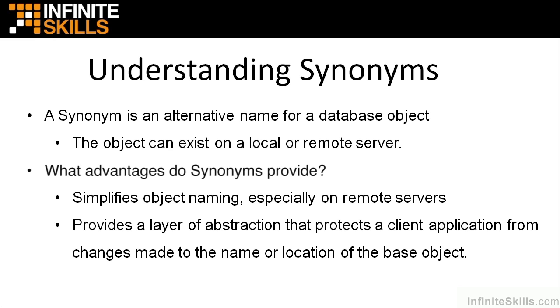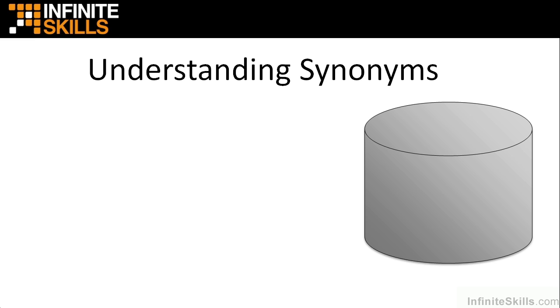Well, if I'm using a synonym, I just point my all employees synonym to the new table name and all my code is corrected. Pretty cool, right? So that's the big advantage. You'll normally hear the big advantage for synonyms is providing a layer of abstraction, and that is exactly what that means.